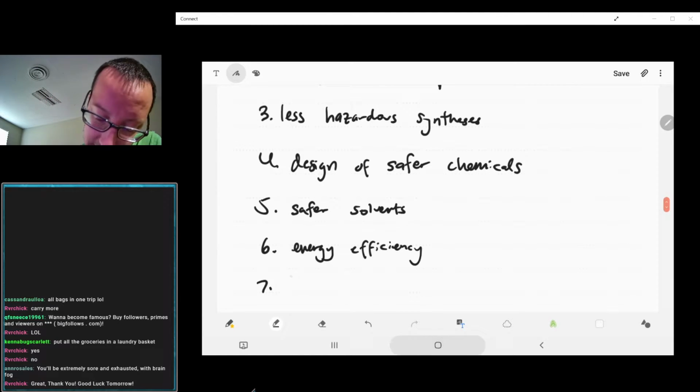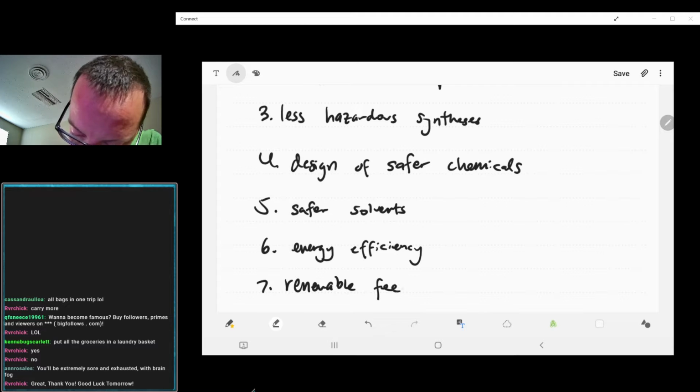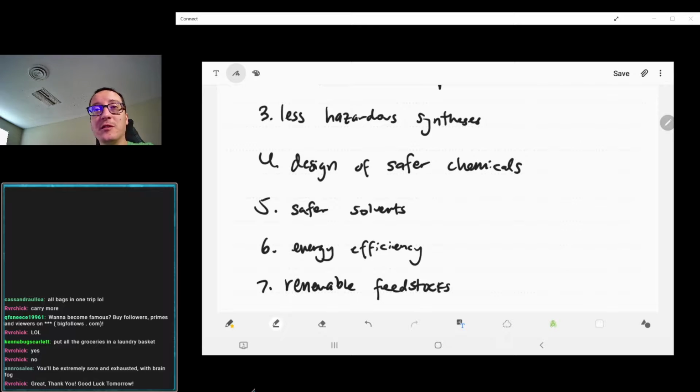Renewable feedstocks. That means choosing starting materials that are easily found, or ideally can be made from biological organisms.